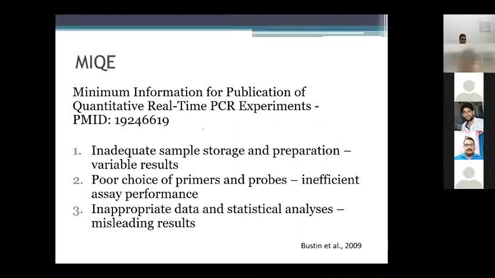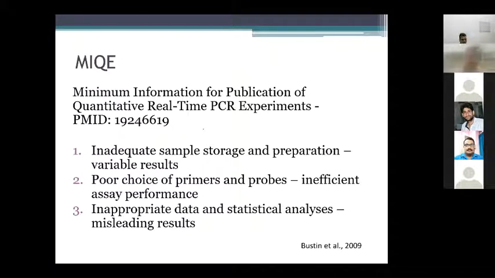So lastly, after that we publish the data. Before publishing data, you need to first understand what the different MIQE guidelines are. The minimum information for the publication of quantitative real-time PCR experiments was shown by Bustin et al.